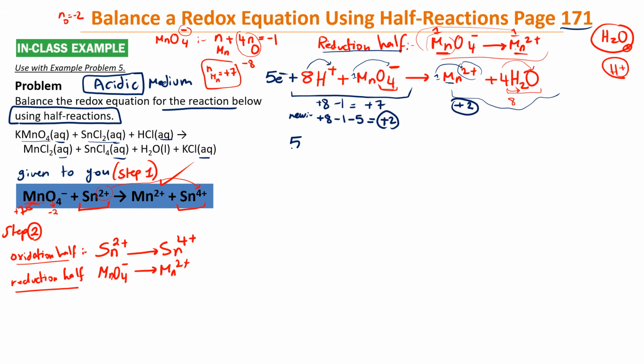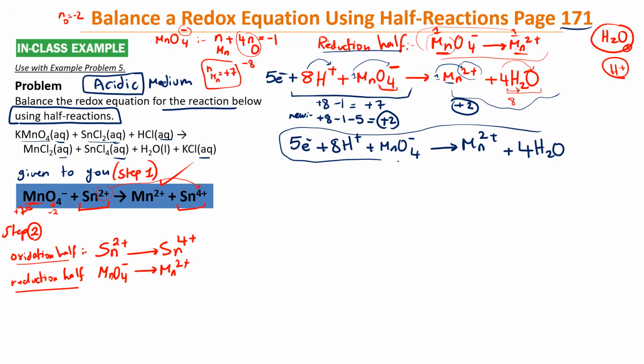So now the final equation is 5e⁻ plus 8H⁺ plus MnO4⁻ gives us Mn²⁺ plus 4H2O. Okay, so this is the reduction half. Very good. Now let's look at the oxidation half.